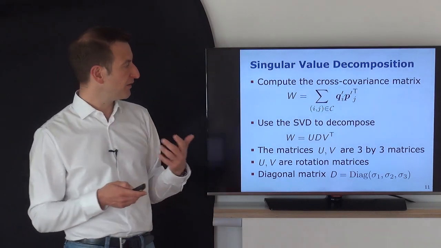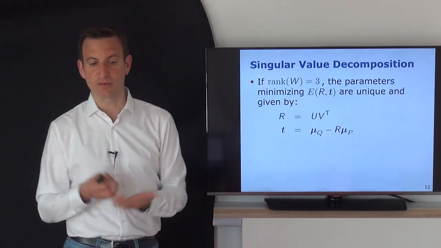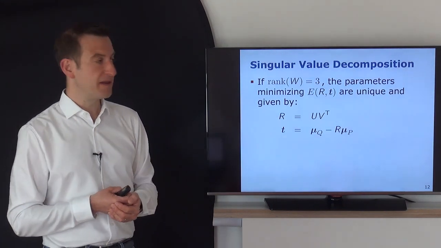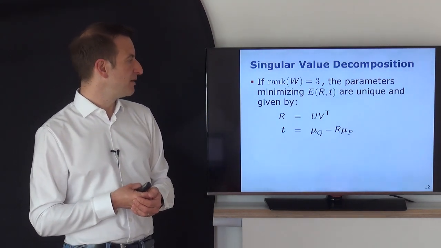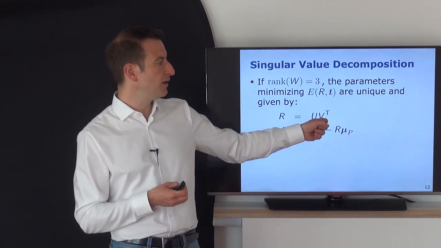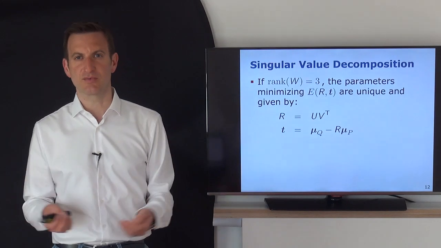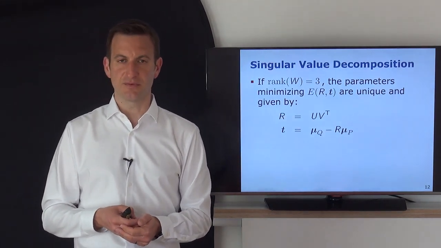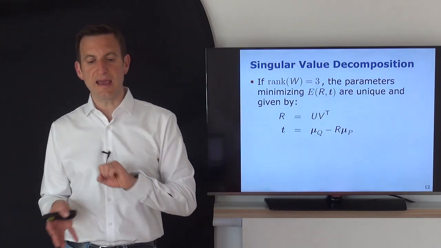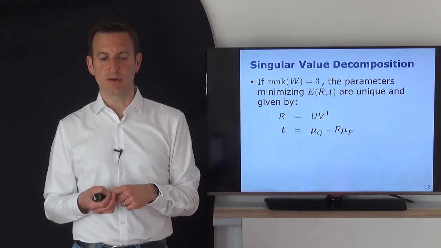So under the assumption that this matrix W has rank 3, in this case, we can actually recover the rotation matrix by multiplying U with V transposed. This matrix R then tells us how we need to rotate those 2 point sets.